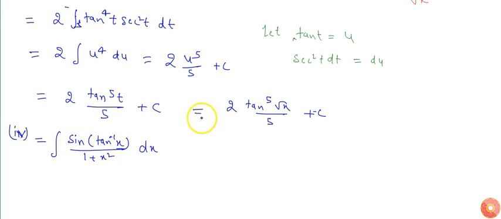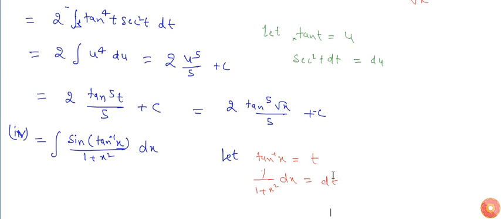So let tan inverse x be t. So the derivative of tan inverse x, 1 by 1 plus x square dx, equals dt.